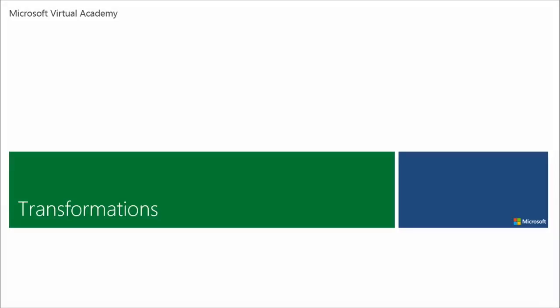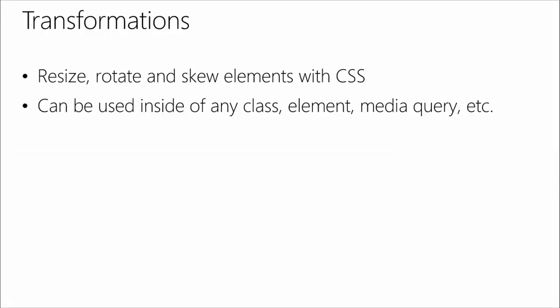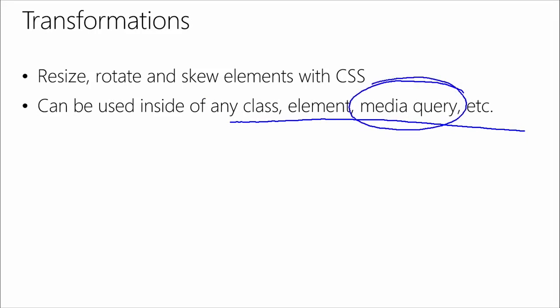Our transformations allow us to take items and manipulate them. So if you want to rotate them, skew them, or resize them, you can do this all through CSS. Because this is done with CSS, it can be done with any class, with any element, and with any media query.